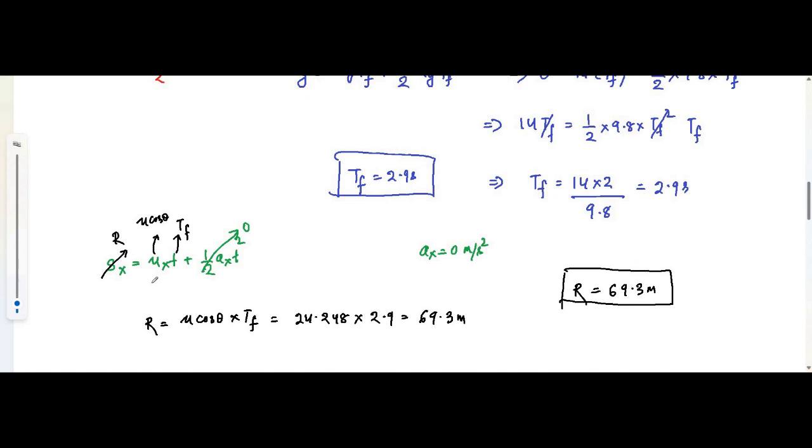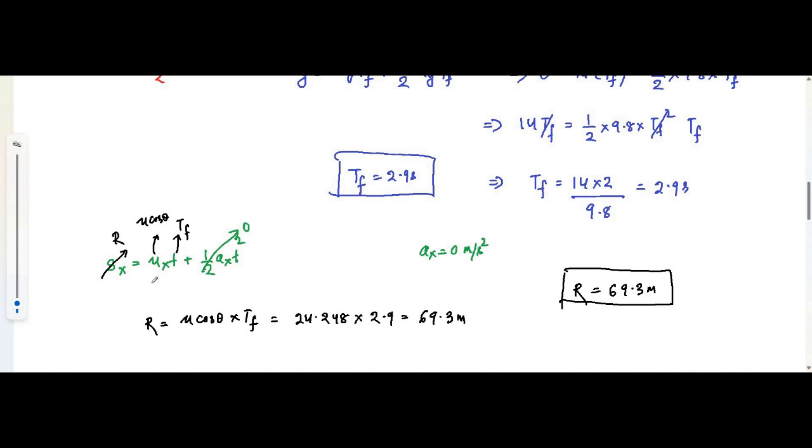You remember the formula so that you can save time, put the values, get the result. If in case you forget the formula, you're not able to recall it, then you have this approach also with you. Just prepare this in this way, so that you have a backup plan in case you forget the formula.